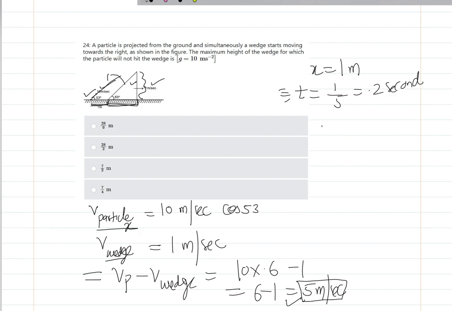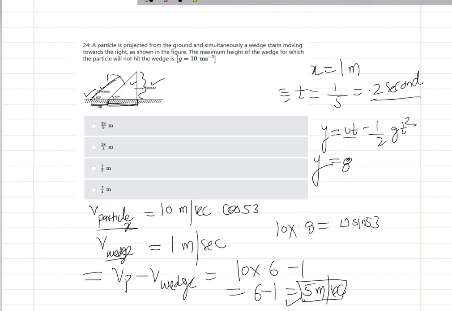What is the maximum y? y is equal to ut minus half g t square. So you have to find y when 0.2 seconds have elapsed, right? So u is basically going to be u sine 53, which is going to be 8, because 10 into 0.8 is u sine 53, right?